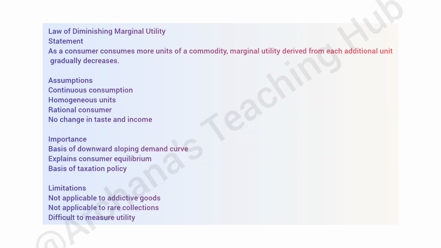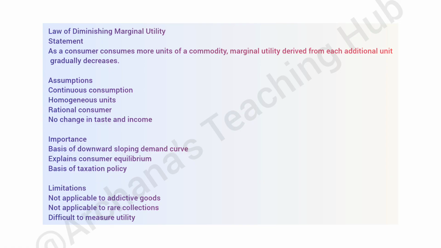Now, law of diminishing marginal utility. As a consumer consumes more units of a commodity, marginal utility derived from each additional unit gradually decreases. Assumptions: continuous consumption, homogeneous units, rational consumer, no change in taste and income.